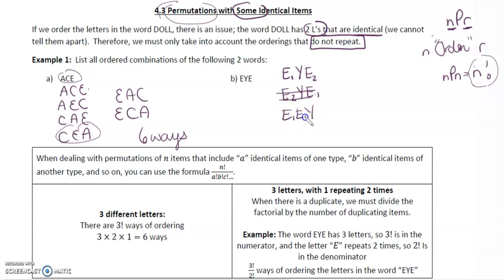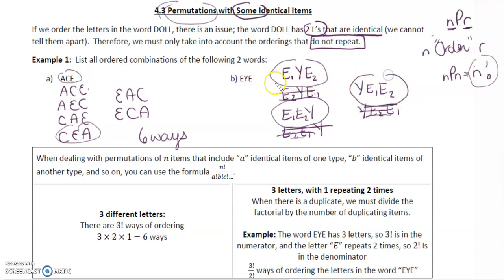Well, E1, E2, Y, and E2, E1, Y is actually the same word. So again, we don't include that one. And then we have YEE, E1, E2, and then YEE, and again these two are the same word, so we don't include it. So how many ways can we spell a word with the letters EYE? 3 ways.